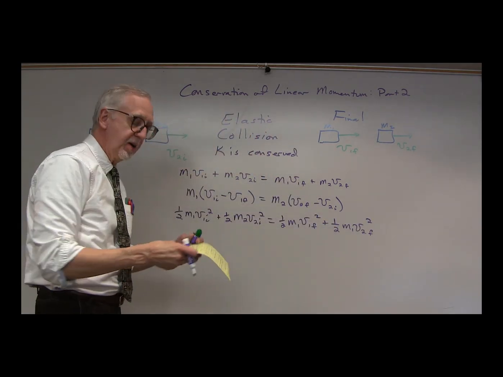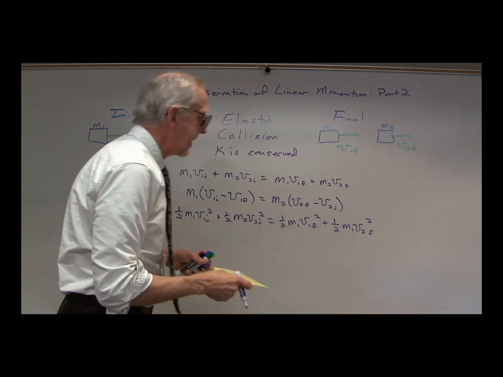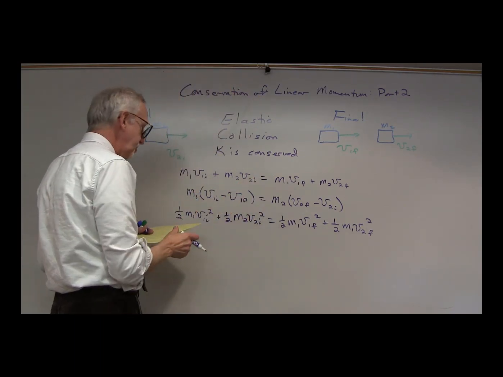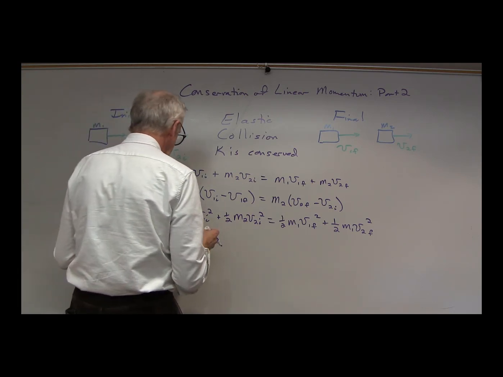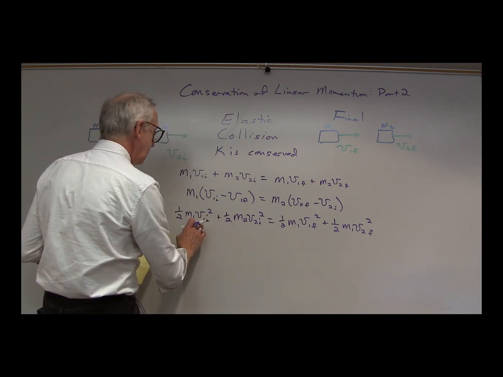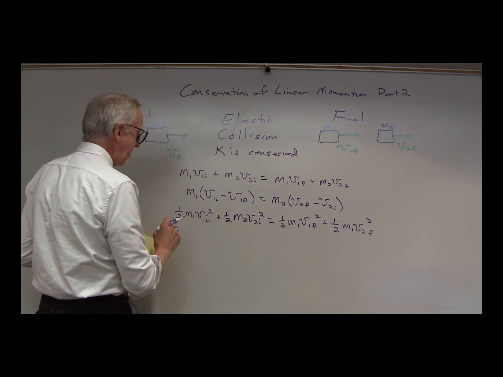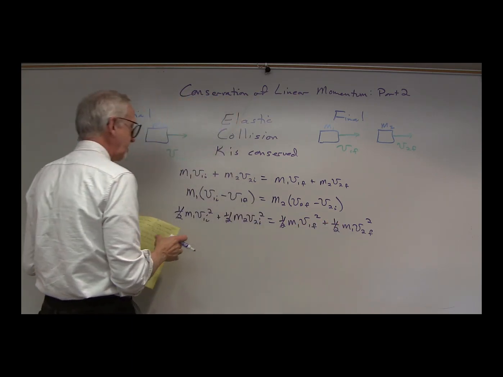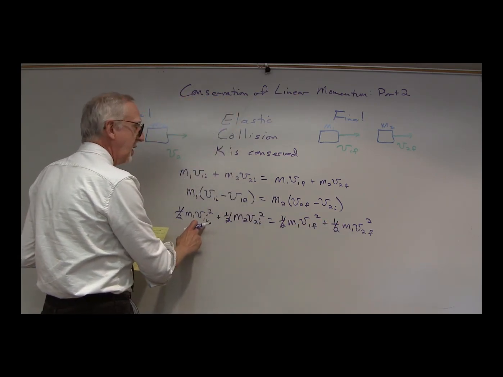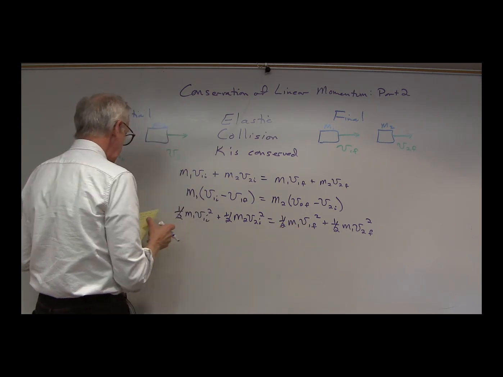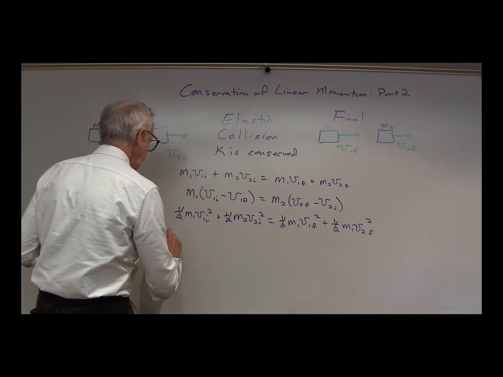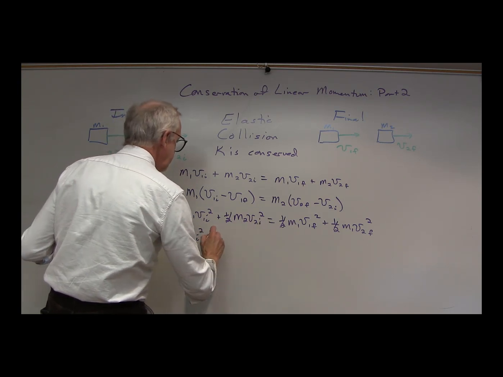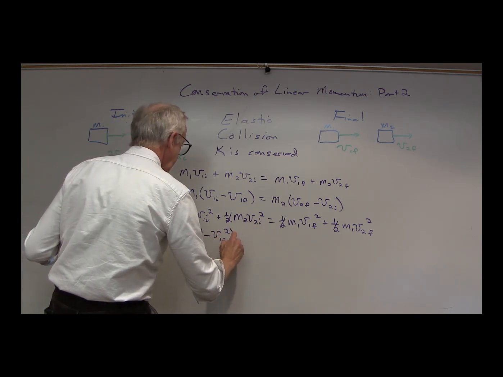Okay? Very good. Now, what we're going to do is, again, put the m1 terms on one side, the m2 terms on the other side. Let's factor out the 1/2 as well, so we'll multiply the whole thing by 2. That gets rid of the 1/2 terms. Let's bring the v1 final term over here. So we have m1 times v1 initial squared minus v1 final squared.